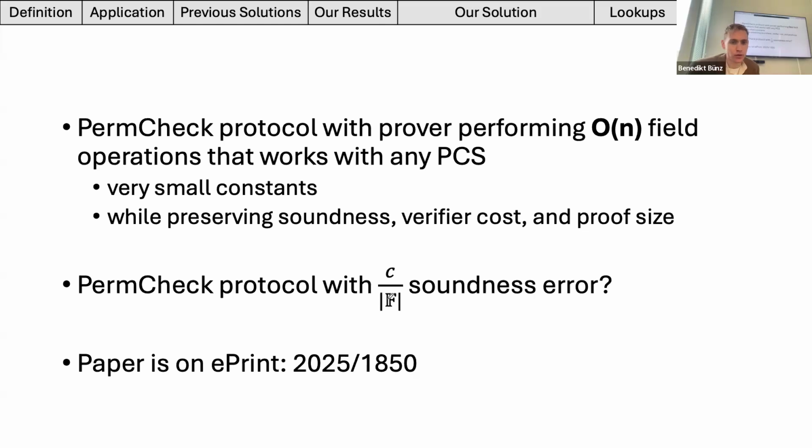And then the third one that isn't on here is to see whether this is practical. I believe these things are practical, but we haven't implemented them. One other caveat is that we're counting only field operations. So you might wonder, in a permutation, don't I need to sort or something like this? Well, we're not counting any of that. We're only counting pure field operations, which tend to be the most expensive cost.